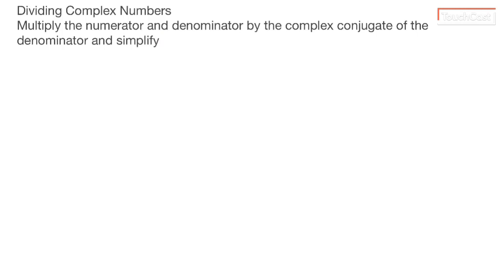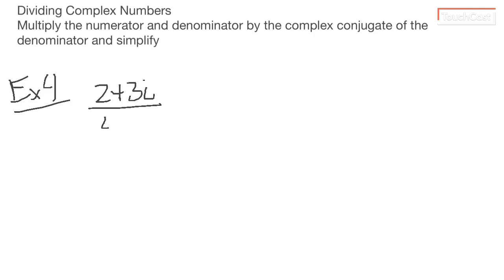Now, I've just got one for this one. So example 4. We're going to take 2 plus 3i and divide it by 4 minus 2i. So we need to multiply by the complex conjugate of our denominator. So we're going to take 2 plus 3i over 4 minus 2i.